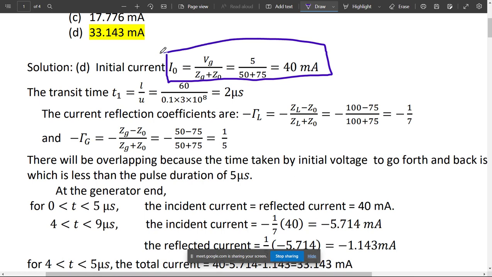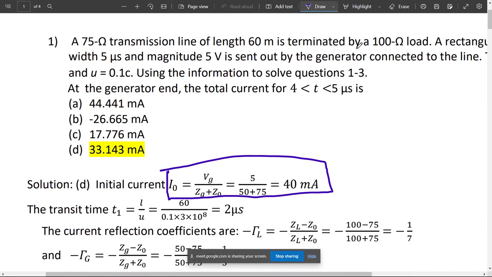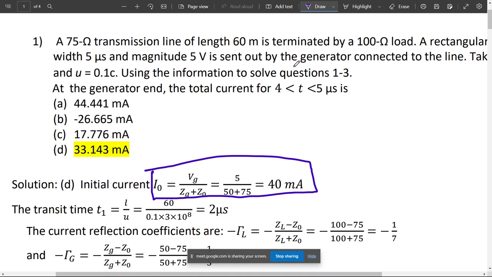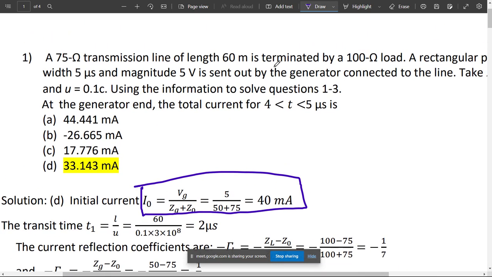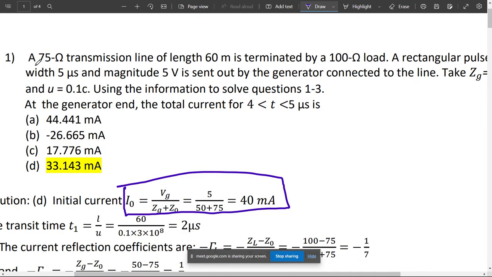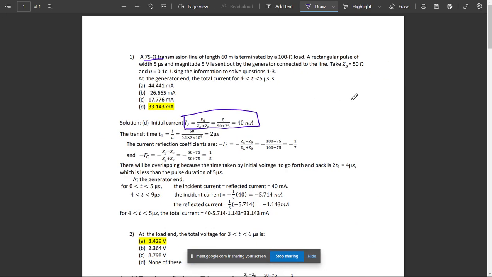For the initial current we know Zg, 50 ohms, Z0, and Vg, which is 5 volts.